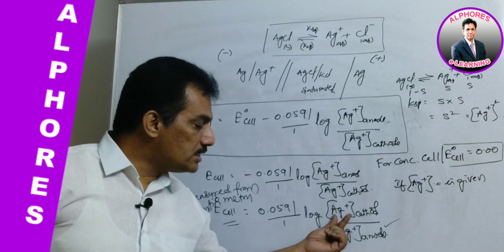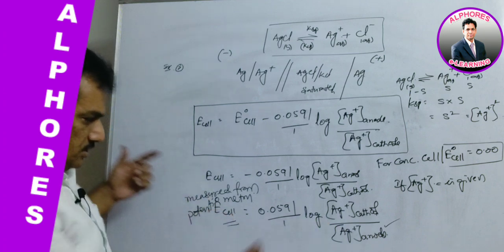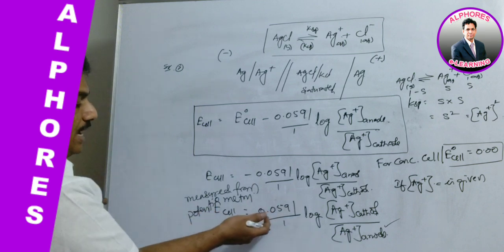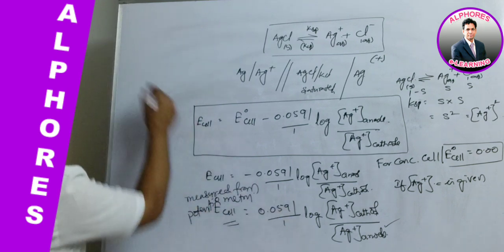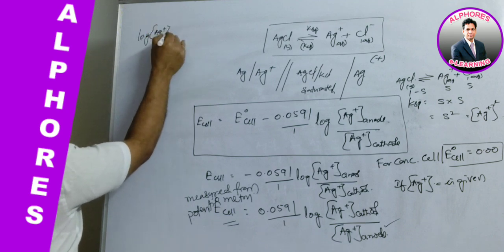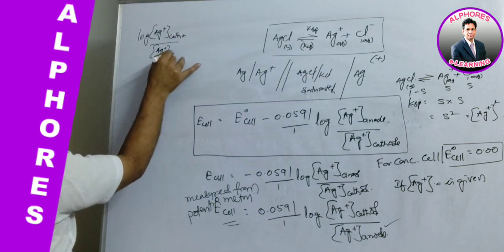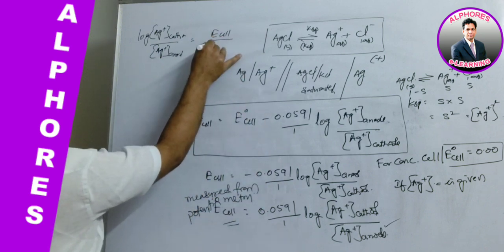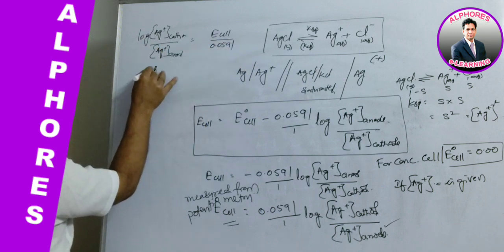And once we get that, we can simply take the log. We can take log of Ag plus cathode by Ag plus anode is equal to E cell by 0.0591. Let me continue that here in case you are getting confused. We can consider log Ag plus cathode by Ag plus anode is equal to E cell by 0.0591.